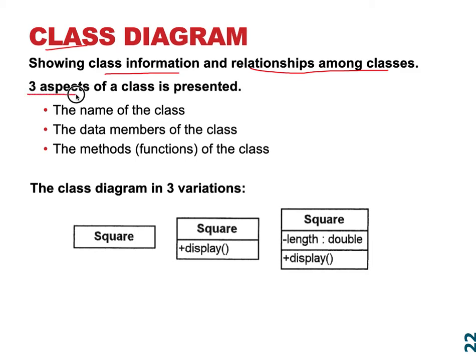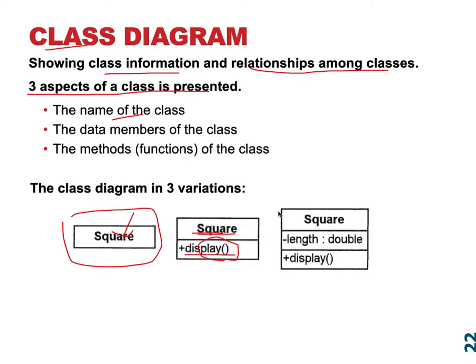Three aspects of a class are presented. When you want to present the name of the class only, you have a rectangle and give the name of the class only. Another variation is a class with the member methods or functions, so class name and then function or method names.